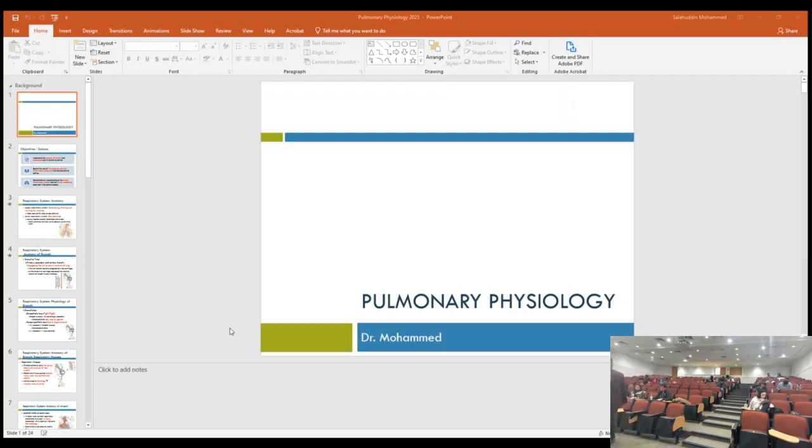Hypertrophy and hyperplasia of smooth muscles.